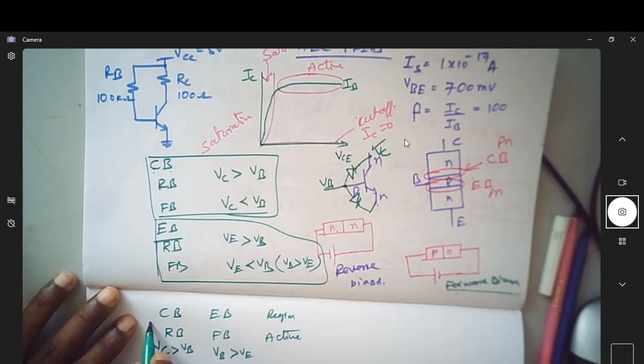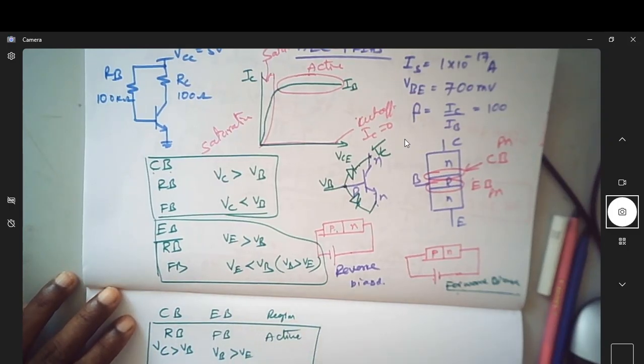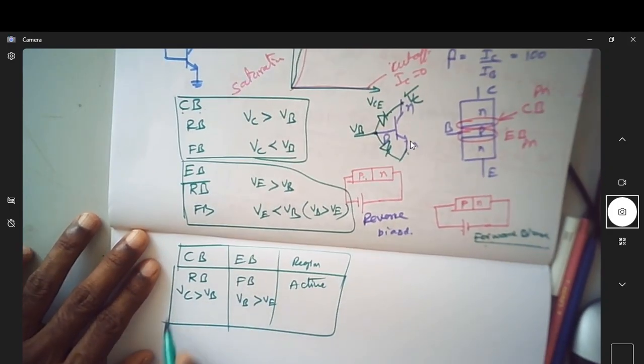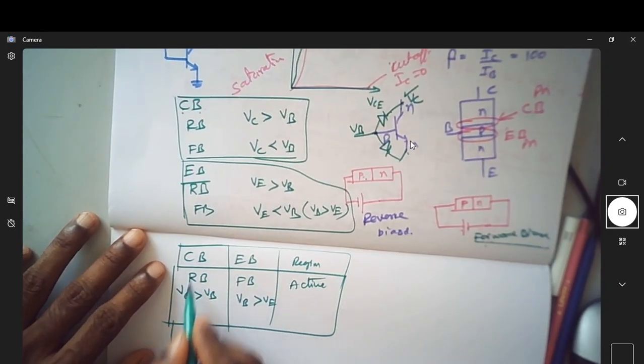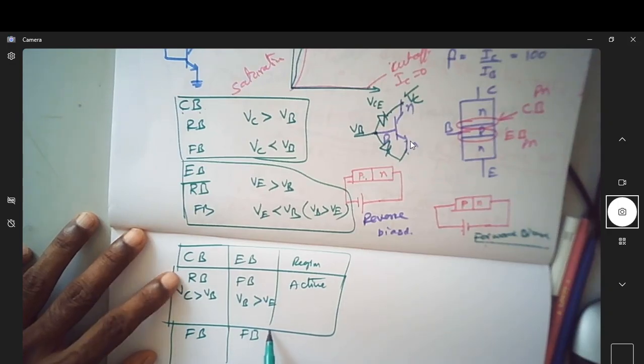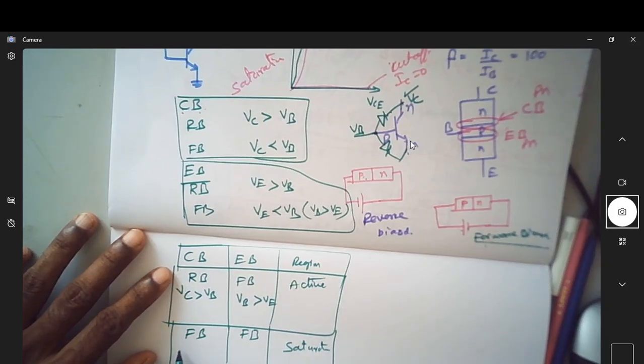Again, the same collector-base junction. If the collector-base junction is forward biased and this is also forward biased, then it is saturation. What do you mean by forward biased?